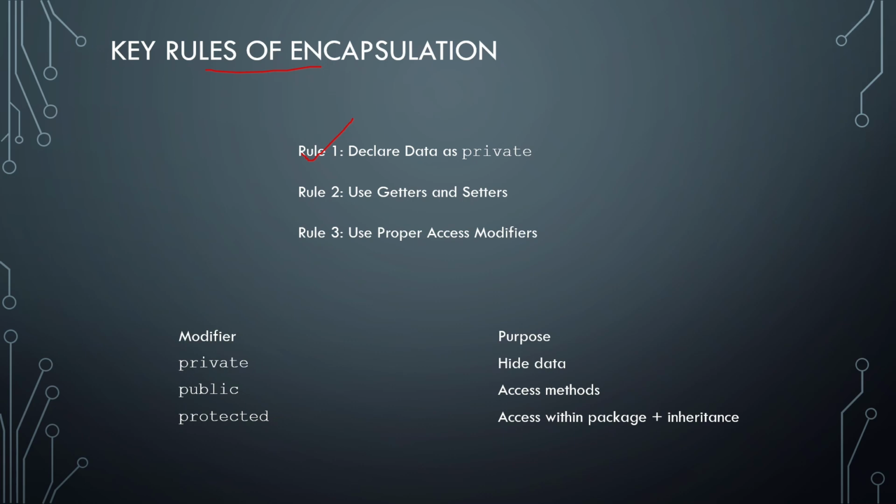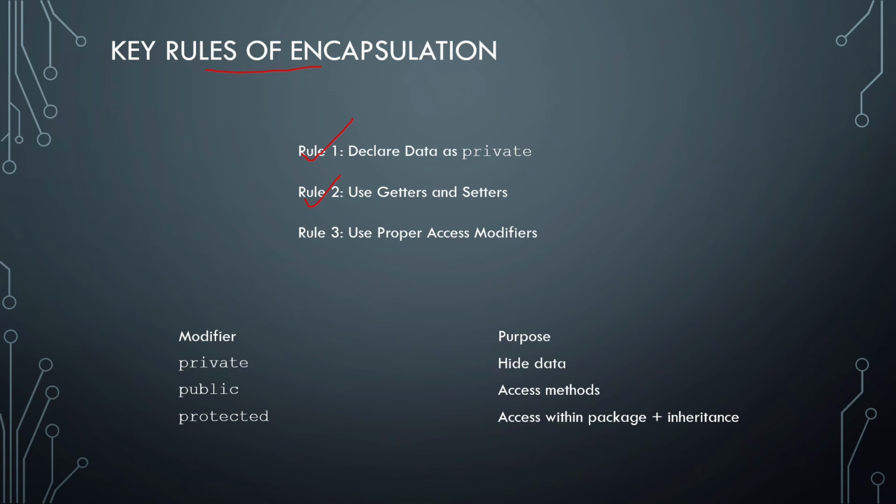And the second rule is using getter and setter methods. Getter methods are used to read the data safely and setter methods are used to update the data safely with proper validation. And instead of directly accessing the variables, we use these methods to provide controlled access to the data.